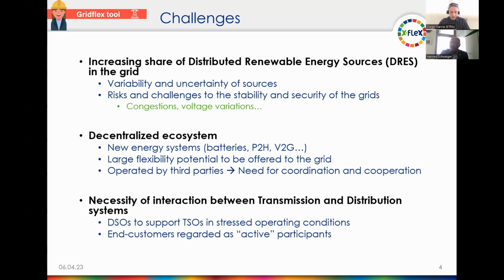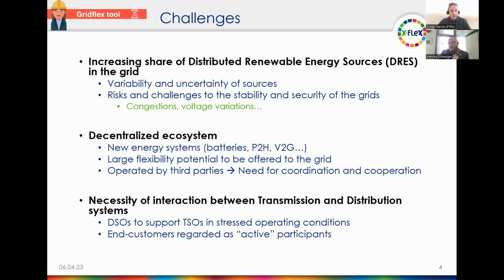There are different kinds, each with specific characteristics, and they may carry some risks and challenges to the stability and the security of the grids.